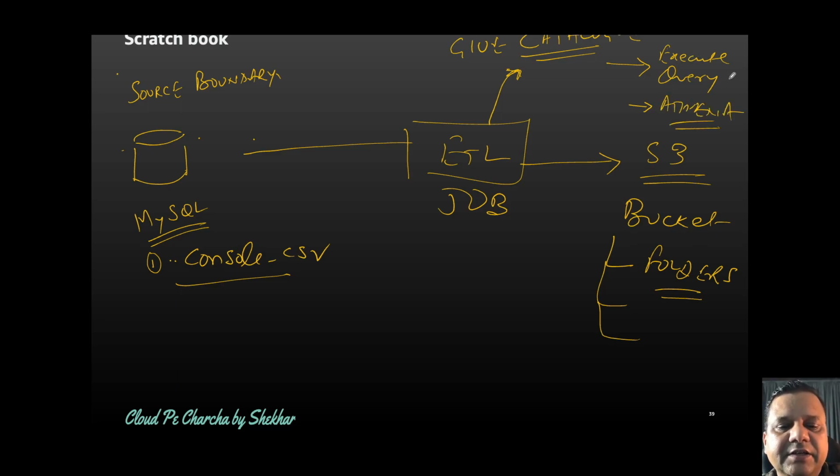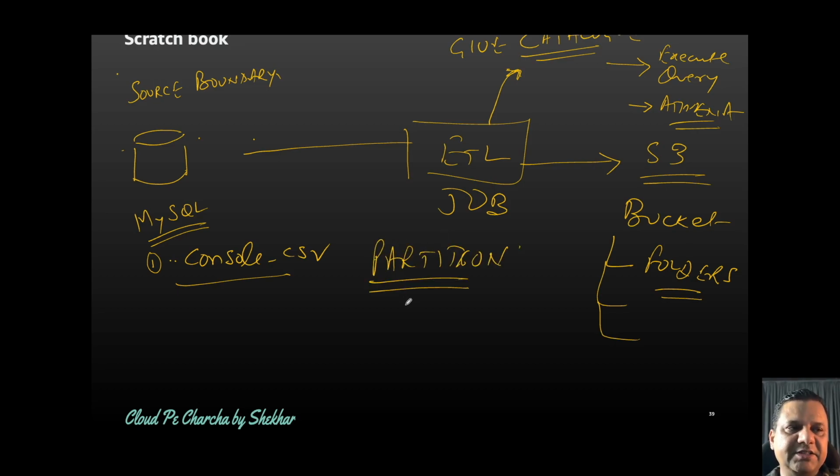Athena is the SQL interface through which you can write and execute queries on semi-structured files like CSV, Parquet, ORC, TXT files which are stored in your S3 bucket. Another very important concept that we would be showcasing in this POC is also the partition.